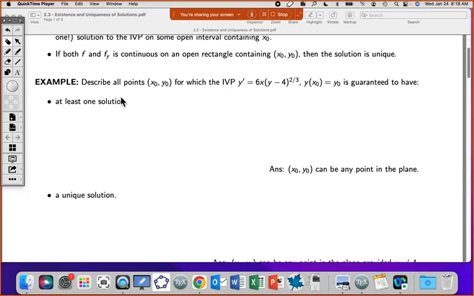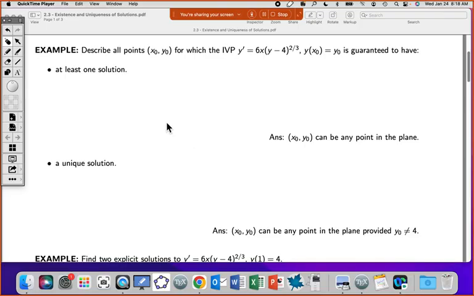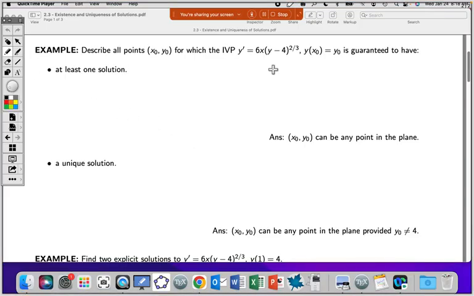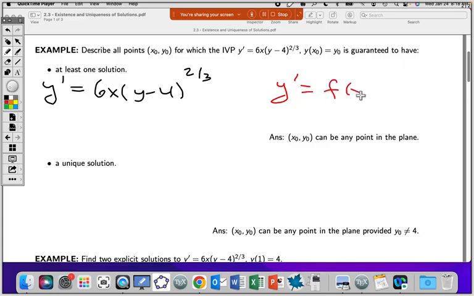So as an example here, let's take a look at this differential equation. We've got y prime equals 6x times the quantity y minus 4 to the 2/3. So it's already written in the form y prime equals f of x, y.